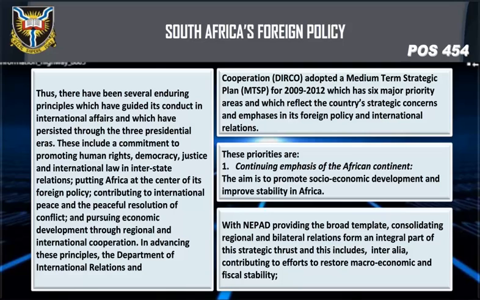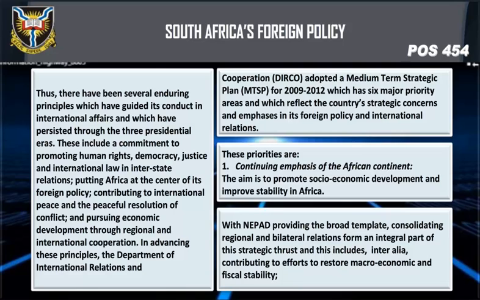These include a commitment to promoting human rights, democracy, justice, and international law in interstate relations, putting Africa at the center of its foreign policy, contributing to international peace and the peaceful resolution of conflict, and pursuing economic development through regional and international cooperation.